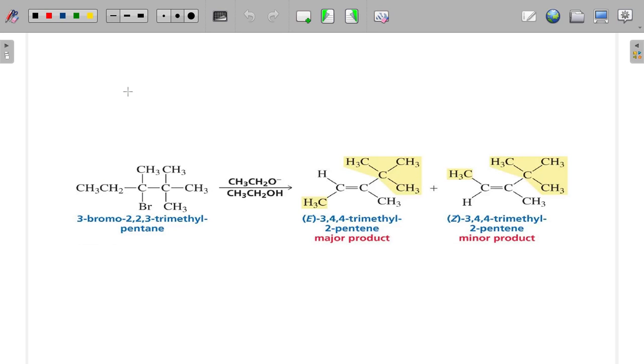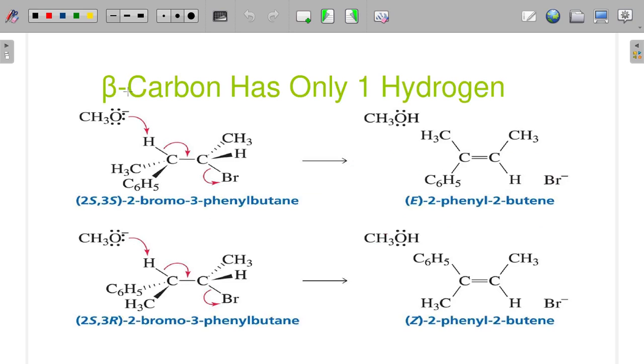All right, now something else that factors in. When my beta position has just a single hydrogen, the rotations suddenly become very important.